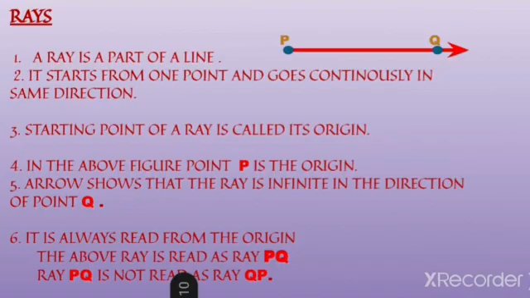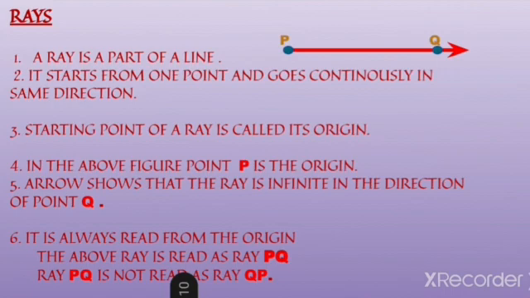So what is a ray? A ray is also a part of a line. It starts from one point and goes continuously in the same direction. The starting point of a ray is called its origin. In the above figure, point P is the origin.